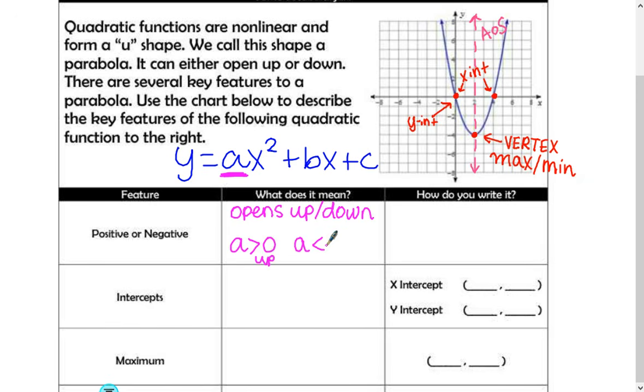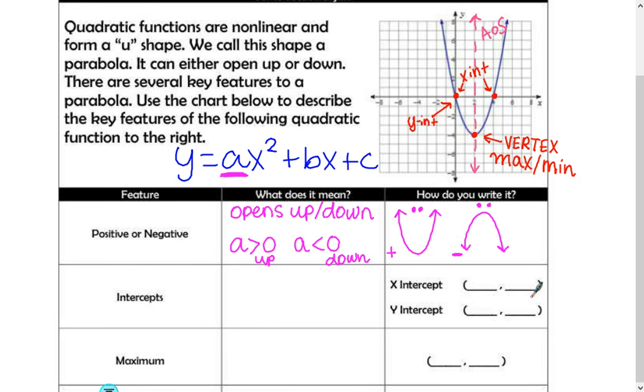And if a is negative or less than 0, it's going to open down. So this is how we write these things. Positive makes a smiley face, and negative makes a sad face. It opens down, and so this would be our negative graph right here. Alrighty.